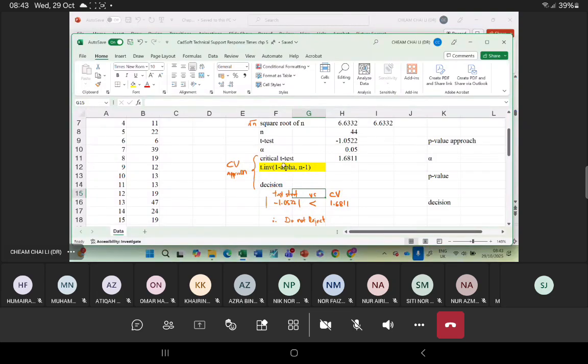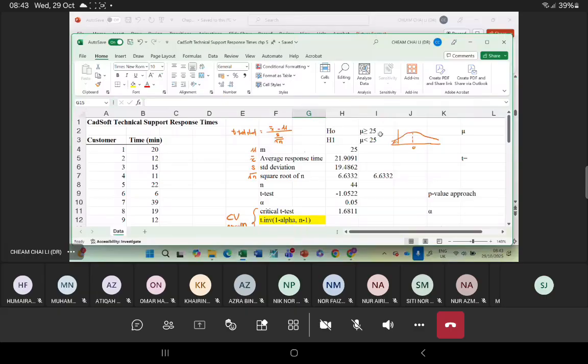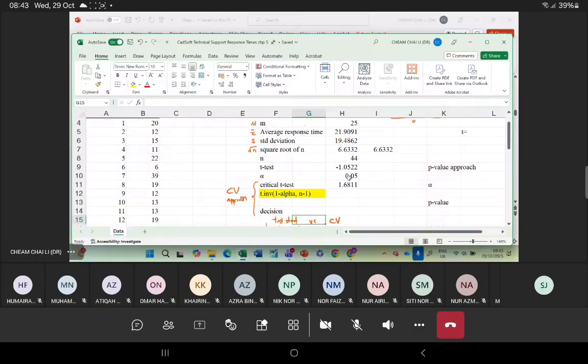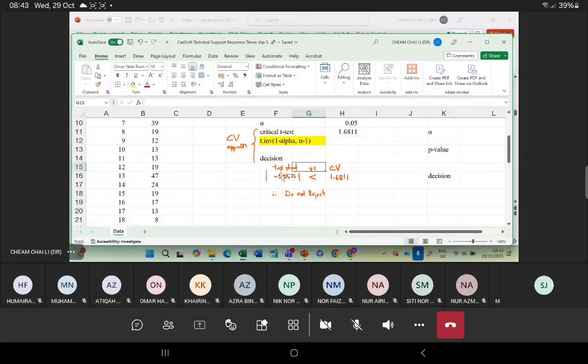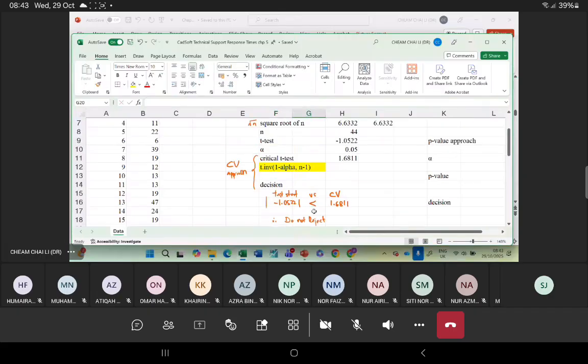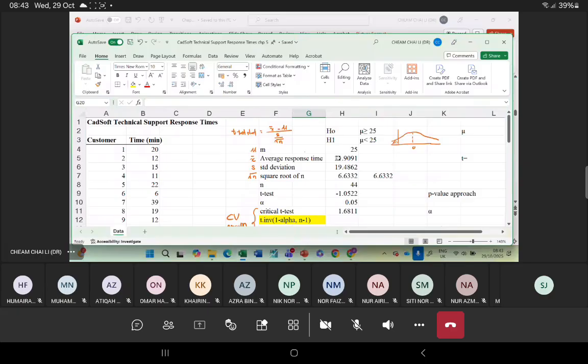So step 1, you have your hypothesis. Step 2, your alpha. Step 3, you calculate this and make the decision. Do not reject H0. And lastly, your conclusion. What is the conclusion you can make? There is insufficient evidence to support the alternative hypothesis.